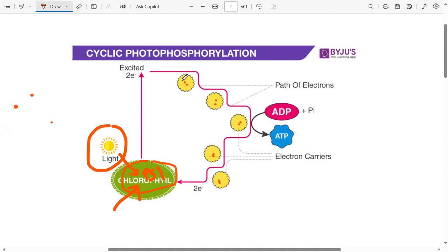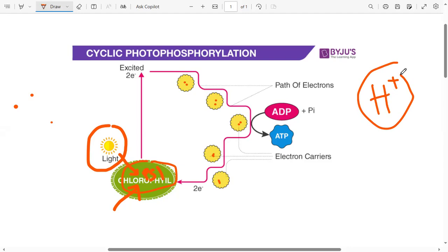As these electrons are moving, they are releasing energy. That energy supports the pumping of hydrogen ions. Remember those hydrogen ions are positive, right? So the pumping of these hydrogen ions causes what we call a proton gradient. We have more positive charges than we had before.